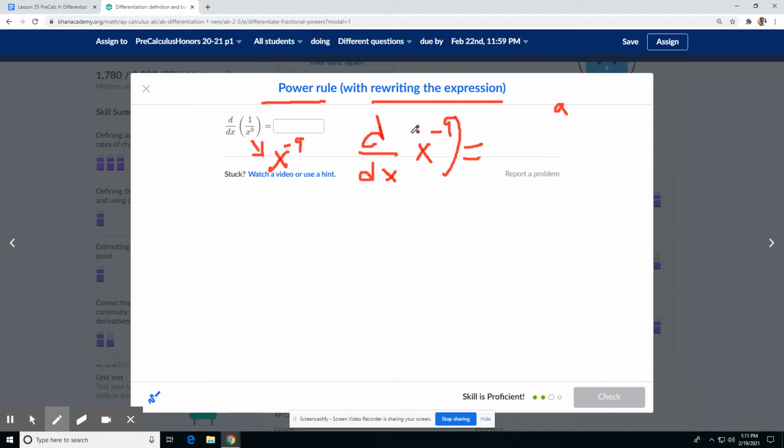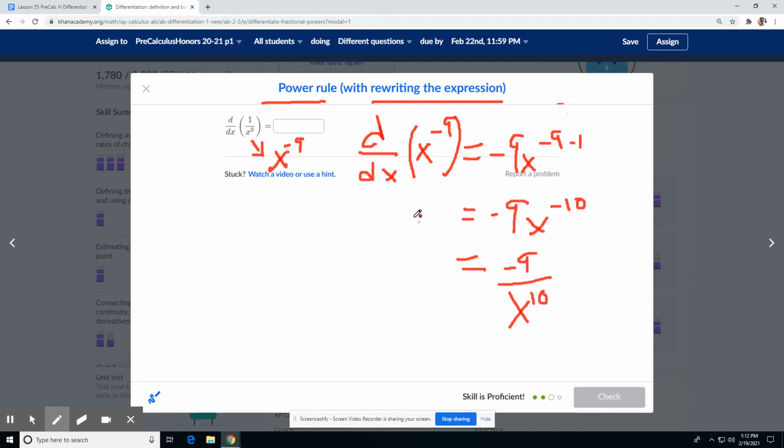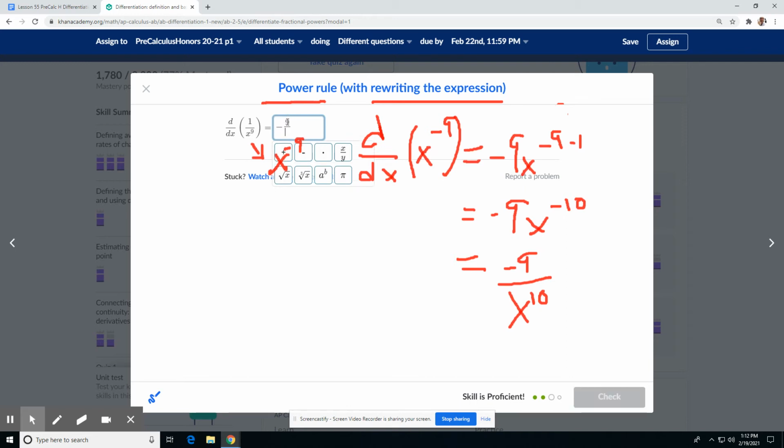This is equal to the exponent moves out front, the exponent gets subtracted by 1, move it to the bottom. And yeah, we're not evaluating for anything. Good. I was worried about a 10th power. If we had to put a number in there, it'd be tough. -9 divided by x to the 10th.